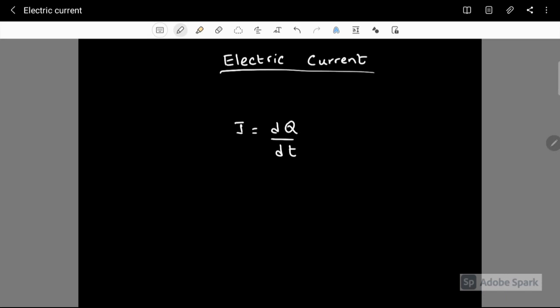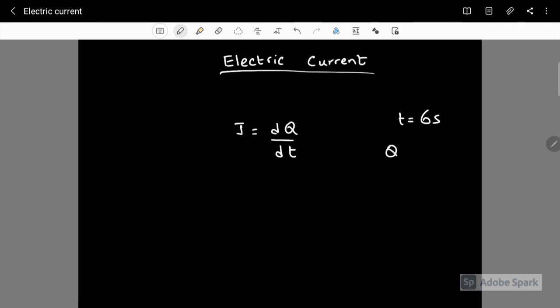Now, this is useful because if you wanted to find the current at an instant, say at t is equal to 6 seconds, and we say that at 6 seconds we had a change in Q of say 4 microcoulombs, then we simply plug in the values into our equation and we say, okay, the change in coulombs was 4 microcoulombs, and the time that passed, so the difference in time was 6 seconds.